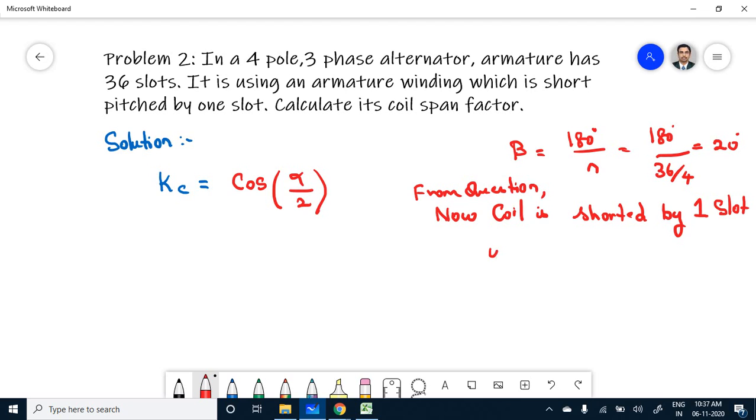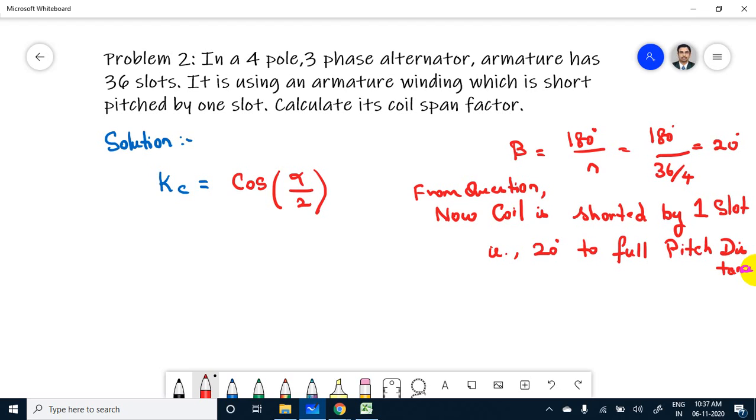So one slot means your total angle is beta, which is 20 degree, for full pitch distance. Now the coil is shorted by one slot.